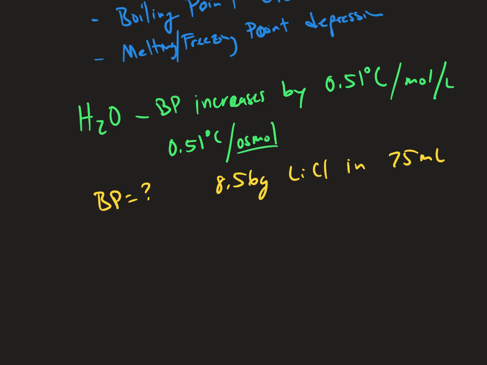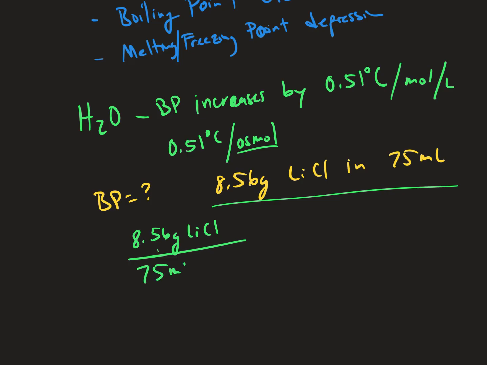Well, can we find the molarity of this solution? The osmolarity? Yeah. So concentration is always amount of solute over amount of solution, right? So 8.56 grams of lithium chloride, that's our solute, over 75 milliliters of solution. Is that molarity yet? No, let's convert it and get it to molarity.